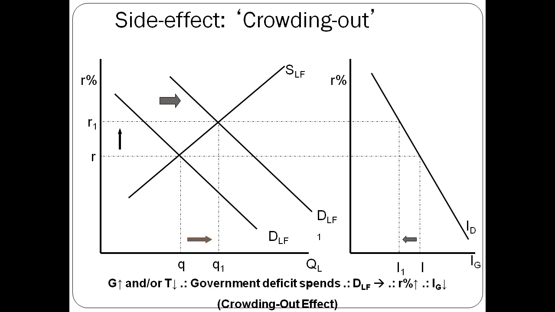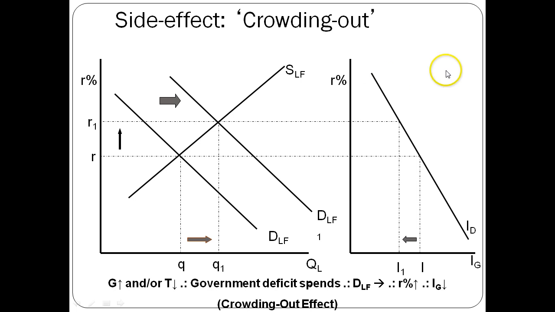Government spending went up, which can be helpful to gross domestic product, but gross private investment went down, which hurts gross domestic product. The overall effect on real gross domestic product is debatable. But nevertheless, it's important to understand that when the government deficit spends, it increases real interest rates and lowers the amount of gross private investment in an economy.